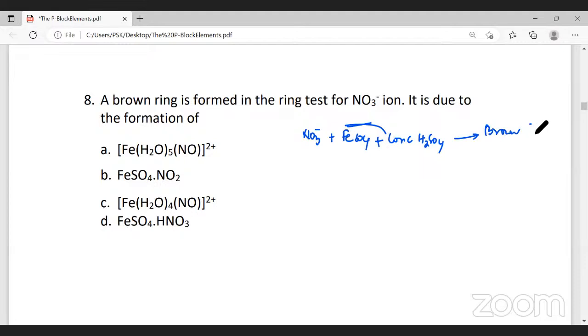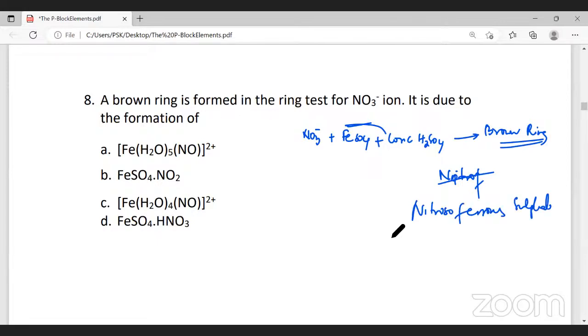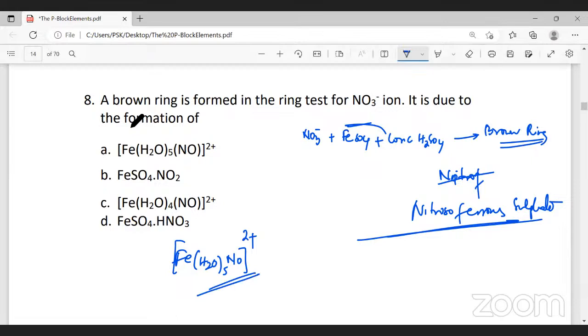That brown ring is due to the formation of nitroso-ferrous sulfate. Nitroso is NO. The complex formed is [Fe(H2O)5NO]2+, which gives the brown color. So the answer for this question is option A.